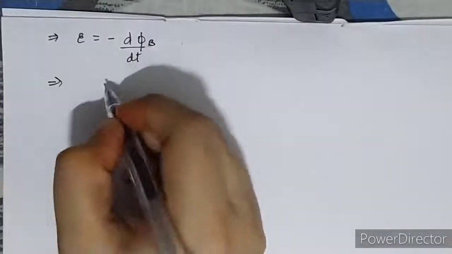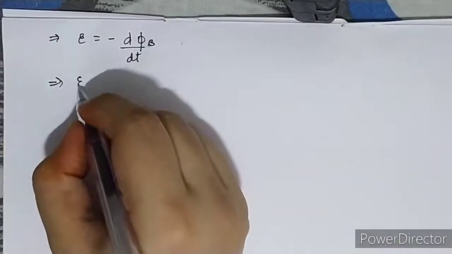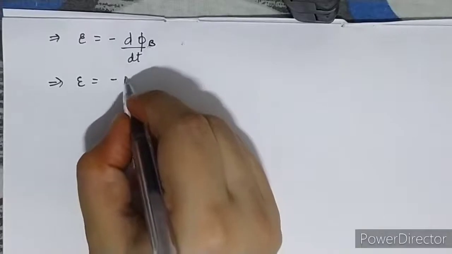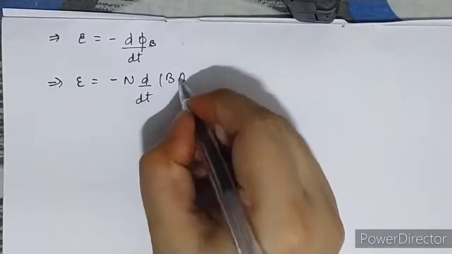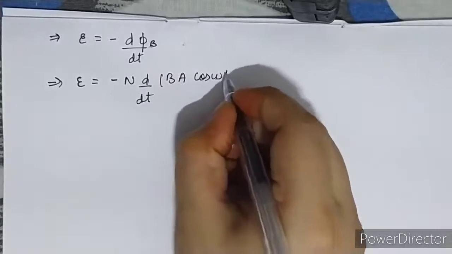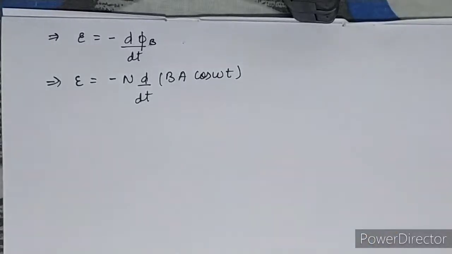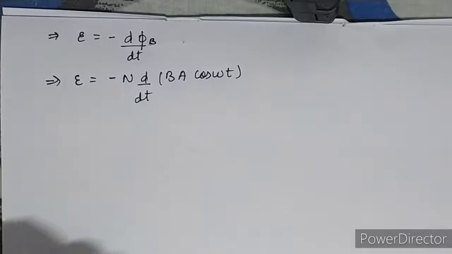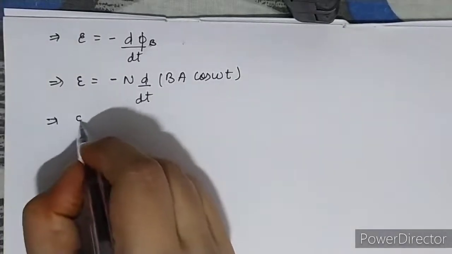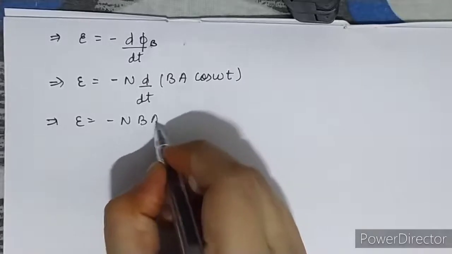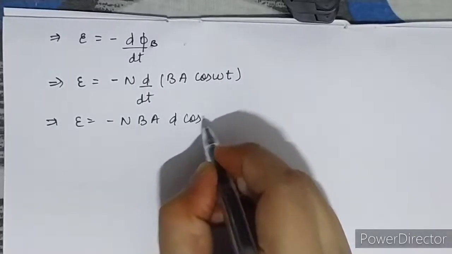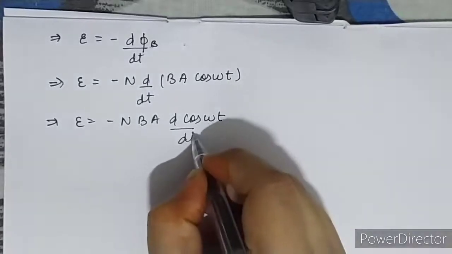Okay, so I am just putting the value of phi B from equation 1. So minus d by dt of NBA cos omega t. Now BA is your constant. The differentiation of cos omega t: E is equal to minus NBA d cos omega t upon dt.